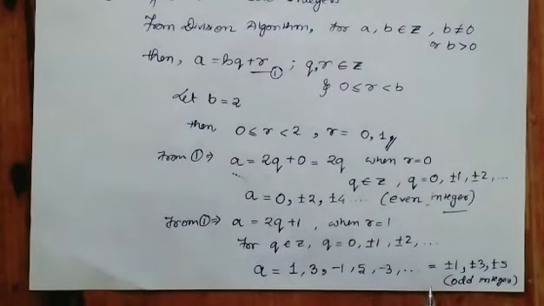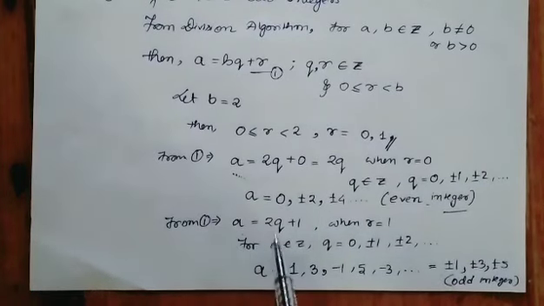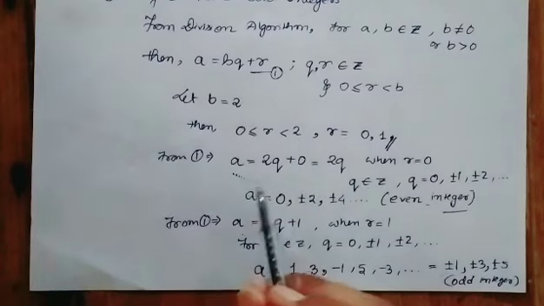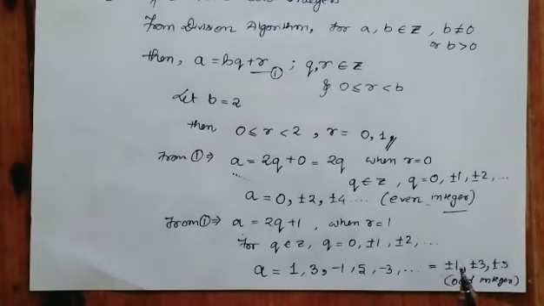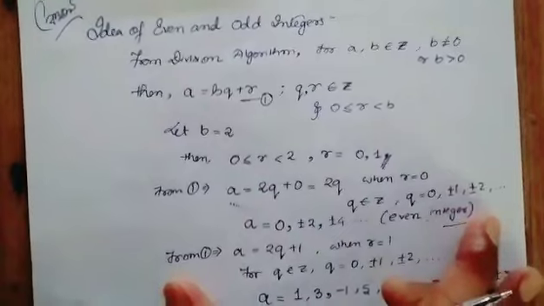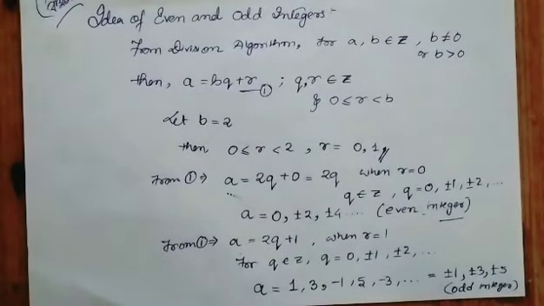And if it is an odd integer, you can express a as 2 multiplied by some other integer plus 1. So if it is an odd integer, you can express it as 2q plus 1. If it is an even integer, you can express it as 2q. So this is the idea of odd and even integers. Hope it is clear to you.